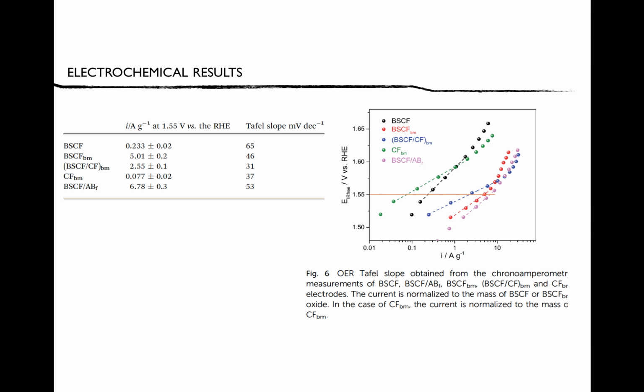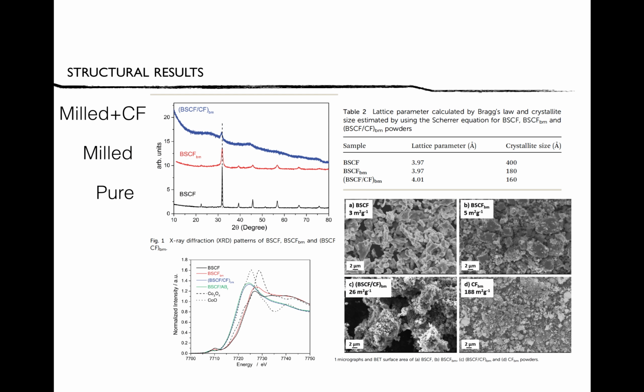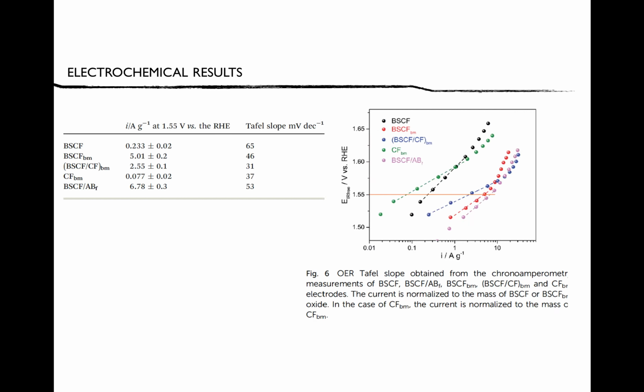So when we go back, the surface area only increased 1.3 times, and the activity increased 20 times after milling. So this can't be just because the size decreased and surface area increased.